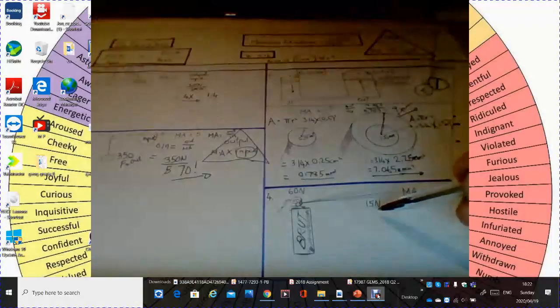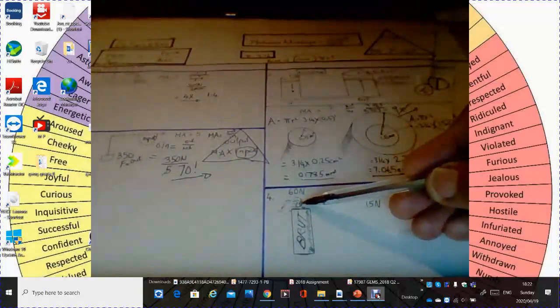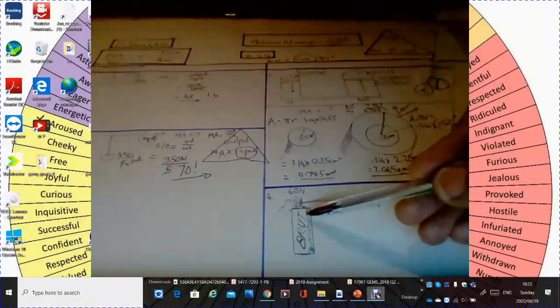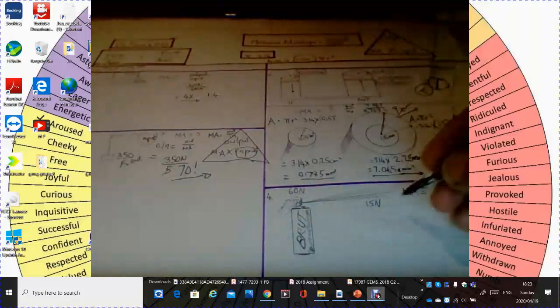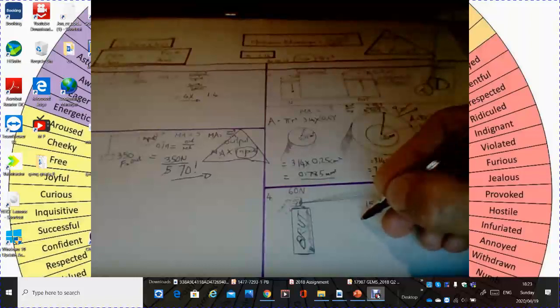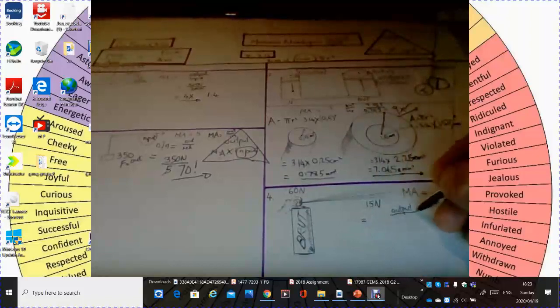This is an interesting one I want you to see. You push down 60 newtons of force onto your deodorant, but you only get 15 newtons of an output. So let's work out what's going on here. They want to know what your mechanical advantage is. Well, I know my mechanical advantage is equal to my output divided by my input.